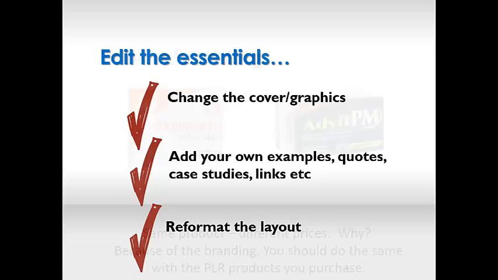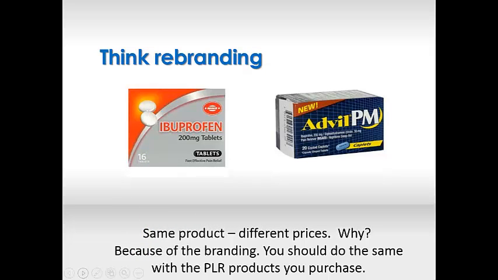Now, when I talk about rebranding, one great example is if you take a generic painkiller, ibuprofen, and you can buy this in supermarkets here and in the States, all over the world. In my local supermarket, I can get the generic package, which is the more basic looking one, the ibuprofen 200 milligram tablets, and that's around 59 pence, less than $1.